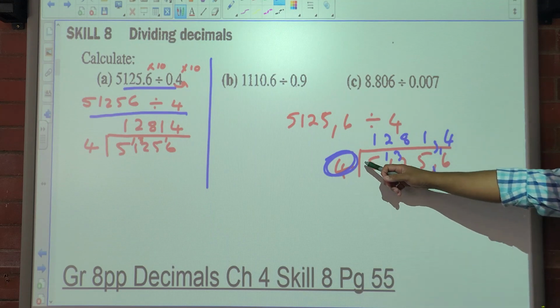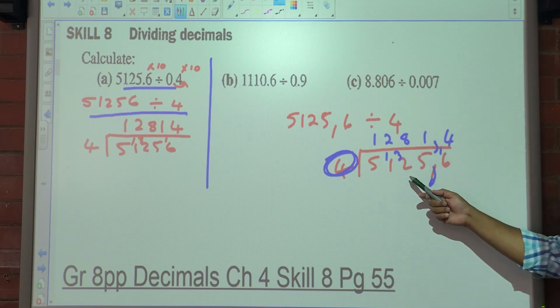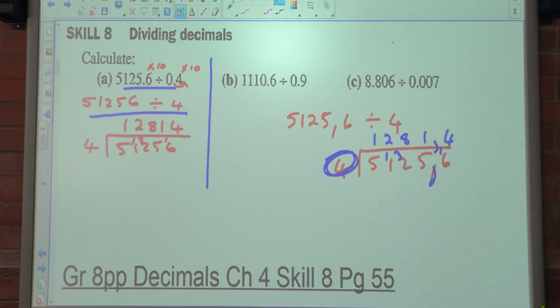But it also depends on the number here. Say you got the remainder 3. The remainder 3 is not the same as comma 3. The remainder and that is different. So to be played safe, rather use your remainder. Okay. For now.